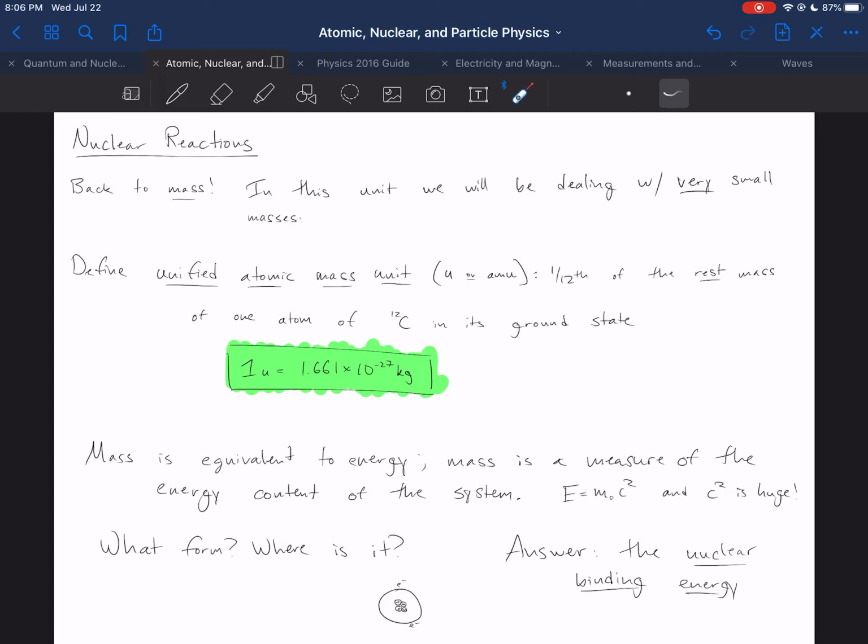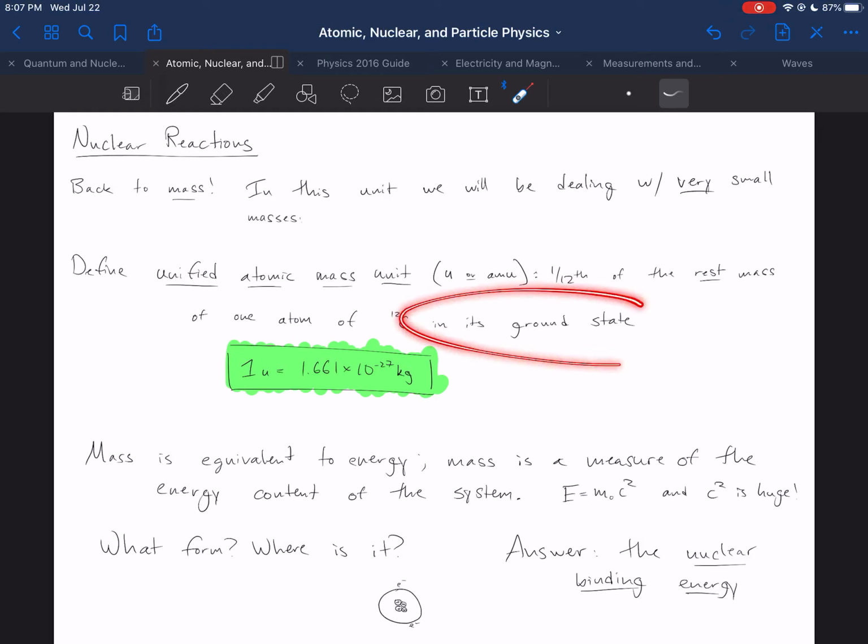In a nuclear reaction, we will be dealing with very, very small masses, and it's useful to have a small mass unit to take care of that. So the unit that we're going to use is the Unified Atomic Mass Unit, written as u or amu, depending on your system. It's exactly equal to 1/12 of the rest mass of one atom of carbon-12 in its ground state.